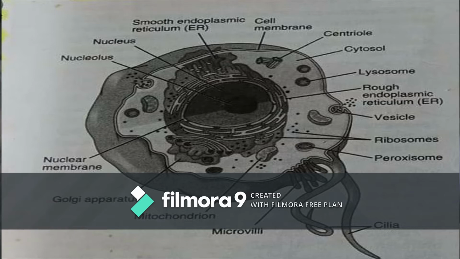Meanwhile, the cilia are also organelles of locomotion, but they tend to be shorter, more hair-like, thinner, and more numerous than flagella.